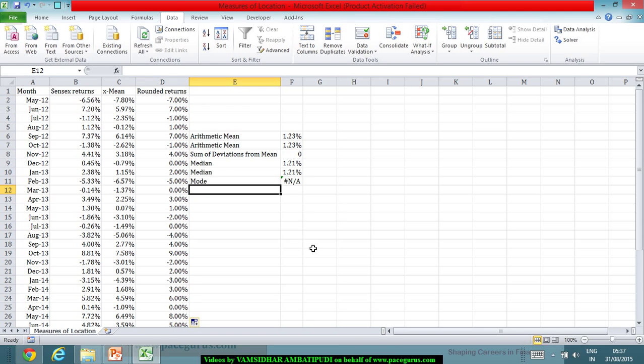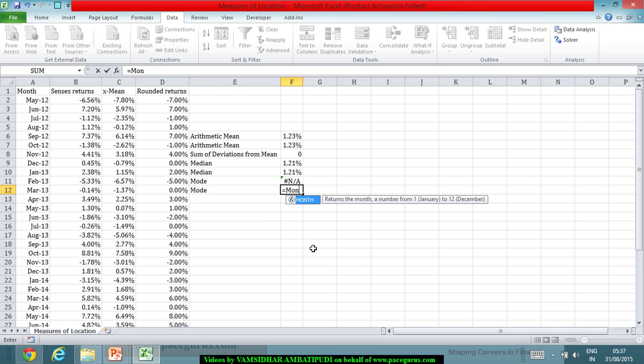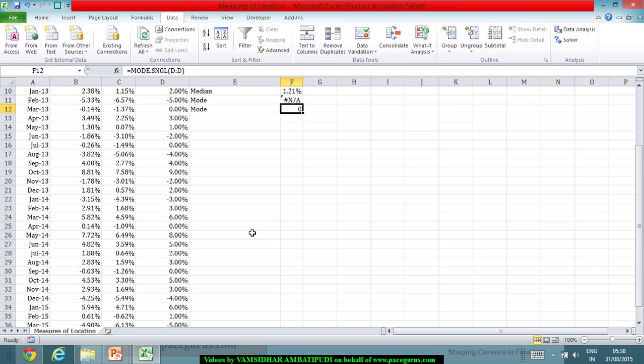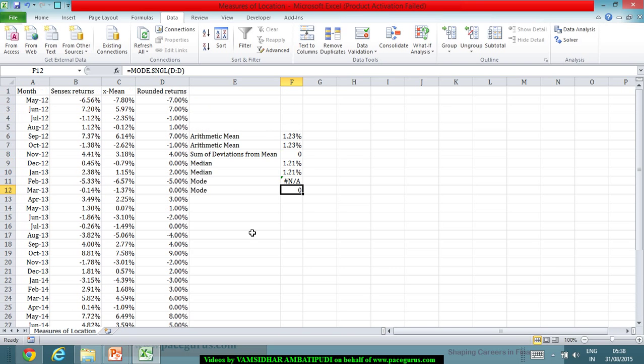Now when I compute the mode on the rounded data, there is some kind of a repetition coming out. Mode single gives me 0 as the most repeated value. Probably I could see that 0 would be repeating more and more.